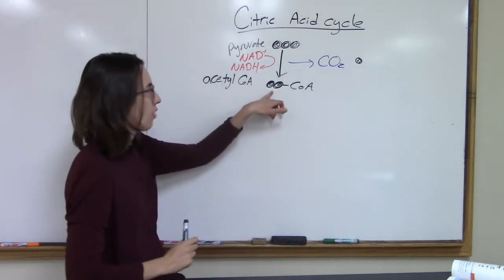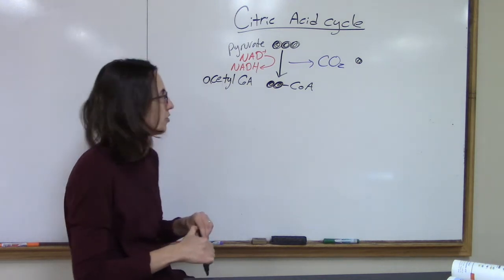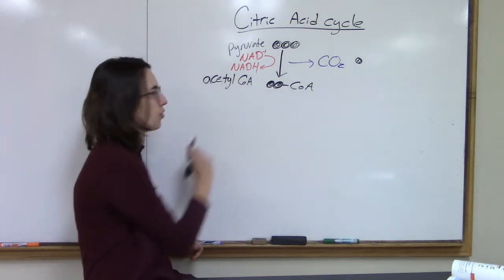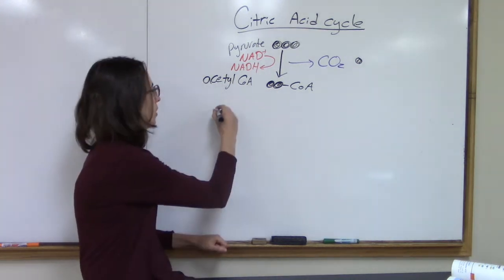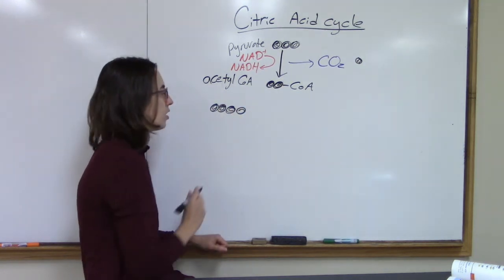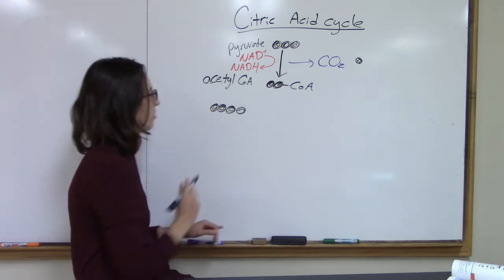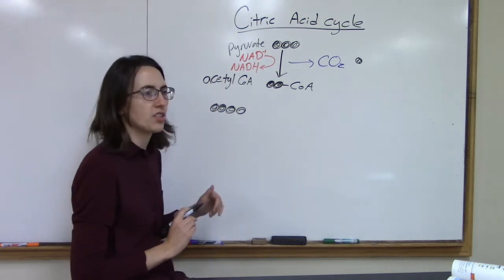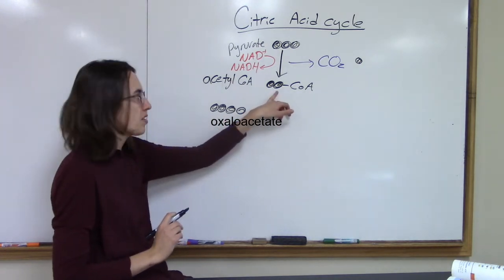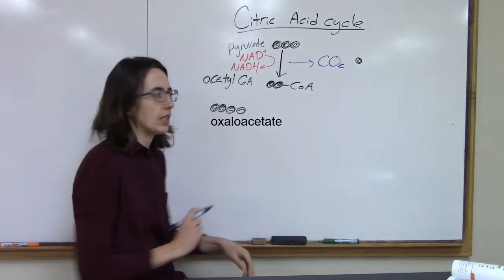Now this acetyl-CoA is going to join into the citric acid cycle. So up to here we're not actually in the cycling part yet. This is going to join to a different 4-carbon molecule. This molecule is called oxaloacetate, but I'm not going to be able to fit that in, so I'll just leave it unnamed. It's a 4-carbon molecule. It joins with the acetyl-CoA, and the CoA part gets chopped off and leaves.